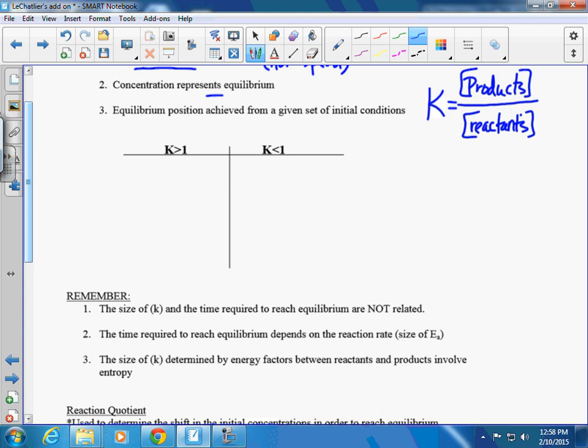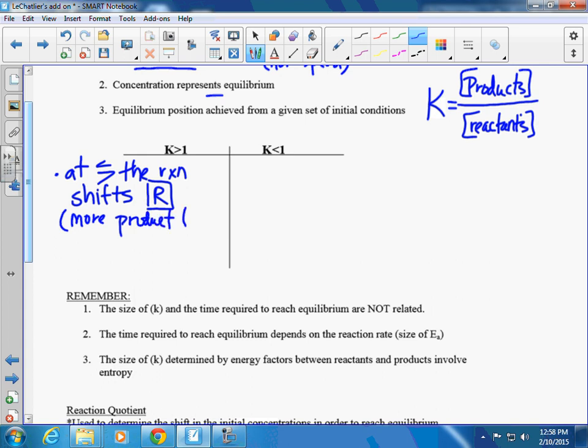We have more product than reactant when K is greater than 1. So at equilibrium, the reaction shifts right, and this means that I have more product than reactant.